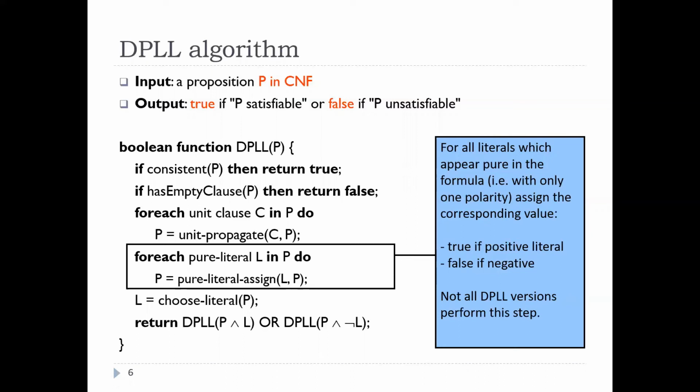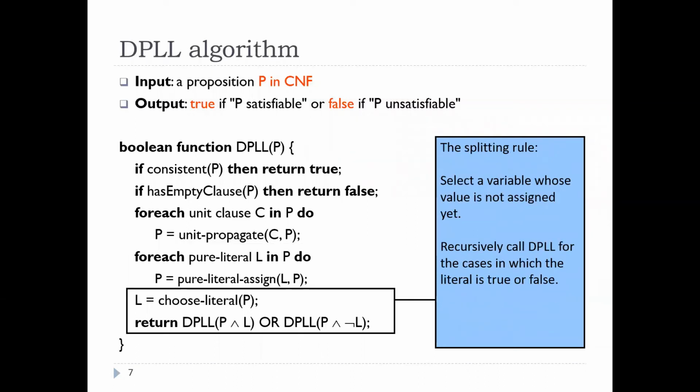After that, we are going to move on to the final step, which is the backtracking step. This is a step in which we're going to choose a variable, basically a random variable out of all the literals whose value has not been assigned. We're going to choose a variable and assign a value, either true or false.